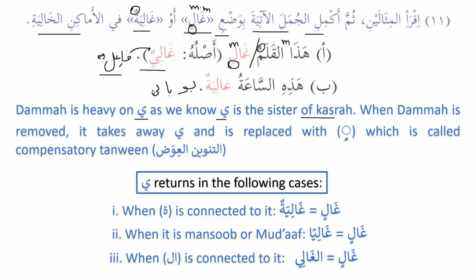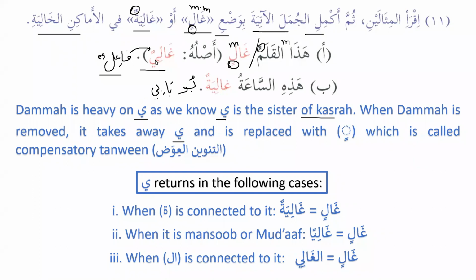As we know that there are three long vowels, and waw is compatible with dhamma, alif is compatible with fatha, and ya is compatible with kasra. So ya doesn't really like to have dhamma on it. So what happens? We have to remove dhamma.